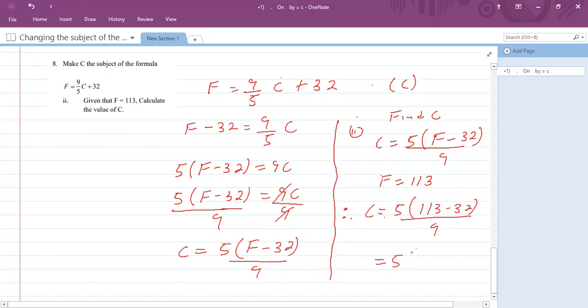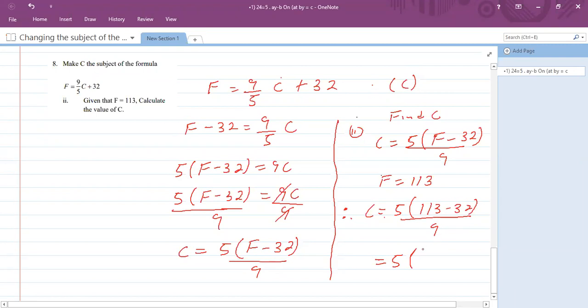Now 113 minus 32, what do we get? I know this. 113 minus 32, what do I get? Anybody can help me? Come again. 81.